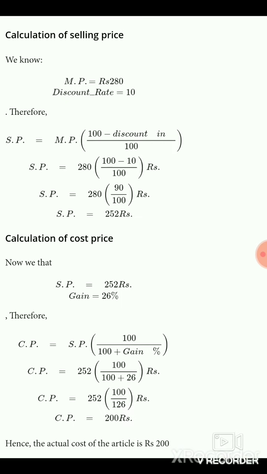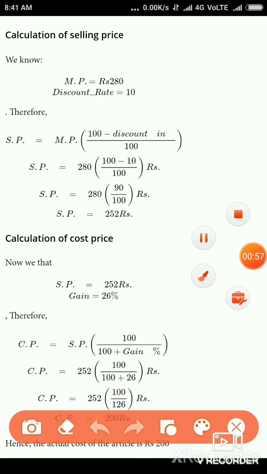By using SP is equal to MP multiply 100 minus discount percentage divided by 100, you will get rupees 252. Now you have a selling price of 252, and profit is given to you.